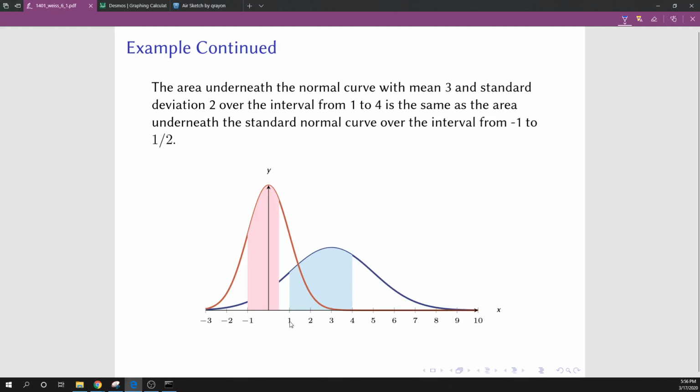The z-score of 1 was negative 1, so this area will start at negative 1. And the z-score at 4 will be at 1/2 right here.